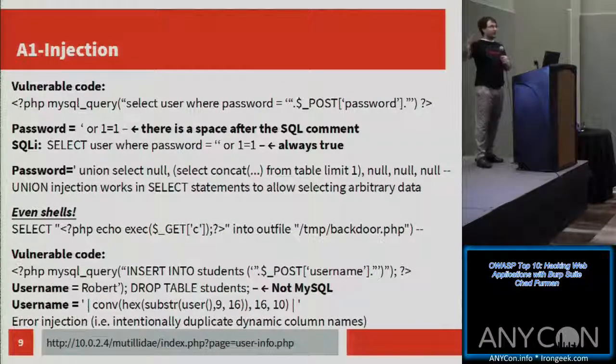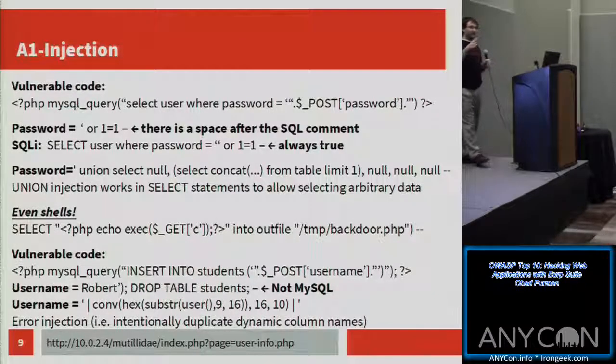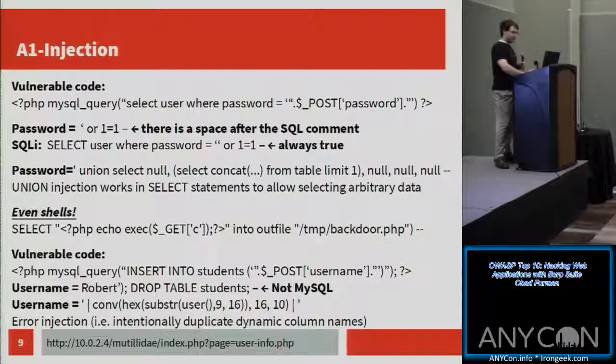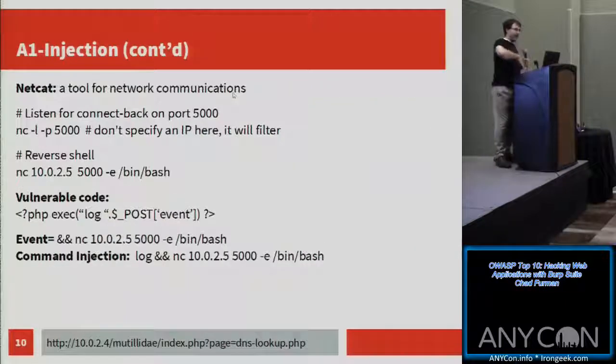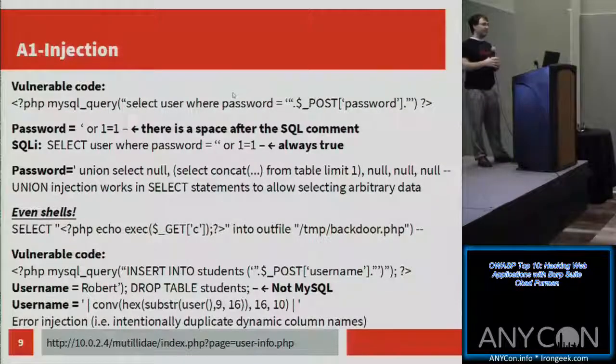Then you successively replace each NULL with 'A' in single quotes until you find a field that displays a string somewhere on the page. When you have that field, you can select a concatenated statement of values from any table.